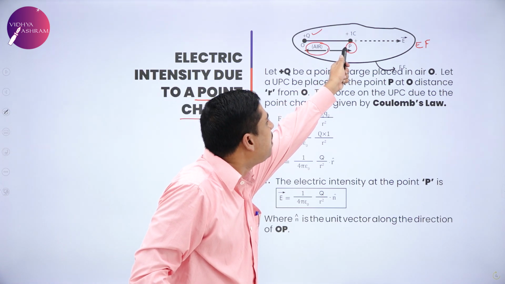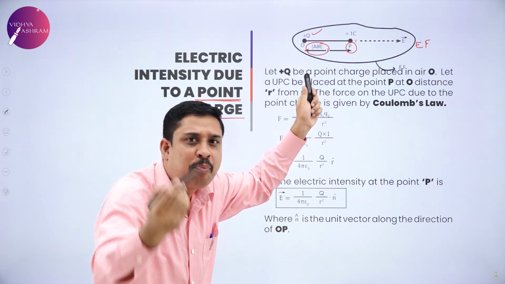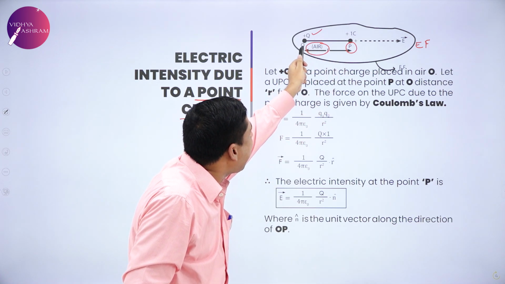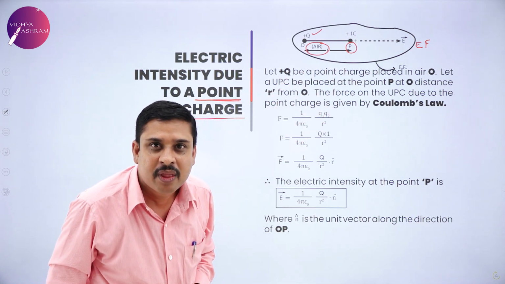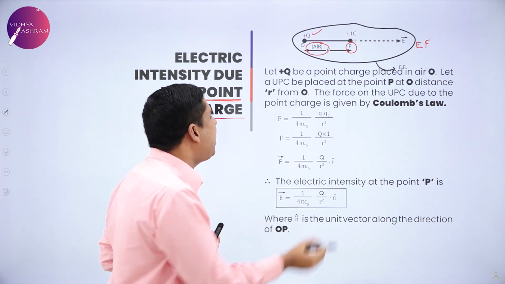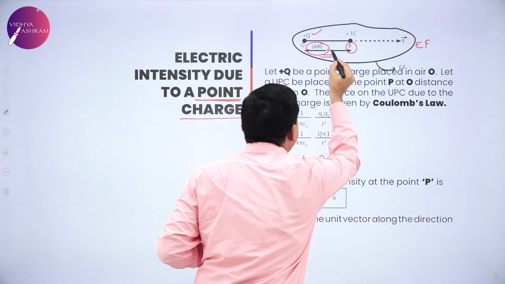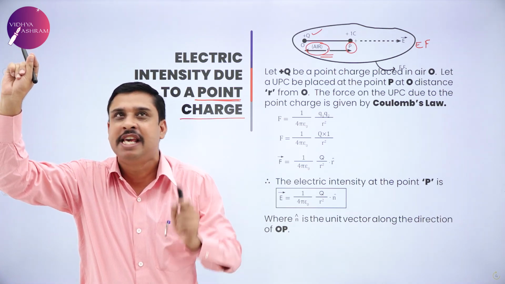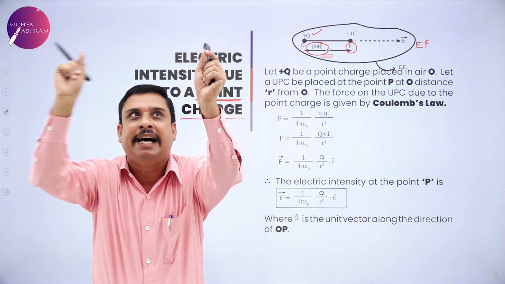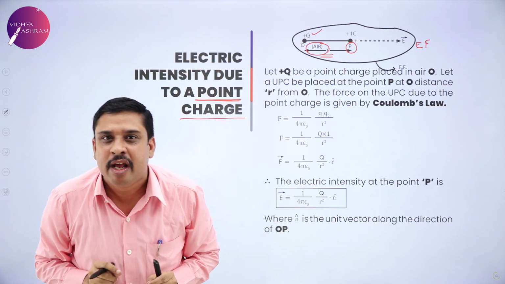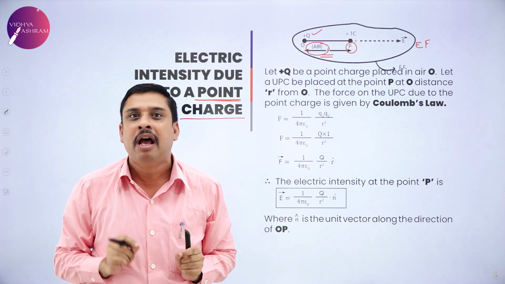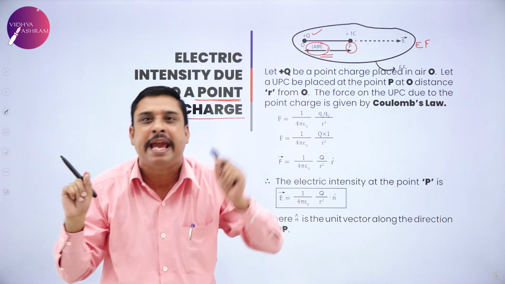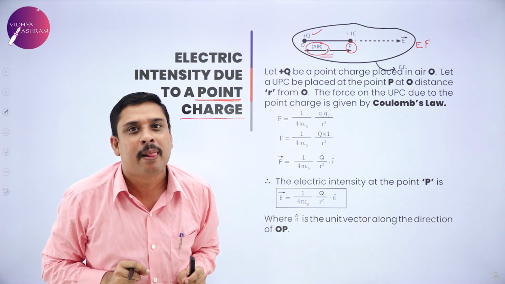P is another point inside this field, which is separated by a distance r from the point O. So O was here, P is the point here, and r is the separation between the point P and the point O.